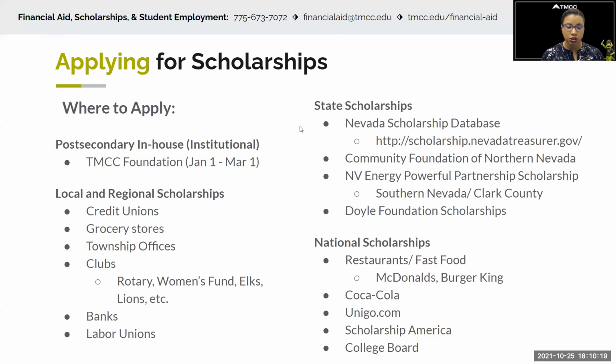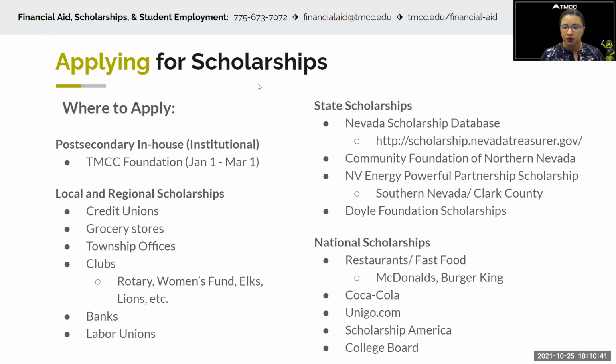Rotary has scholarships, Elks Lodge, Lions Club, banks, labor unions. Some employers will have scholarships that they offer to their employees and their employees' children. So it doesn't hurt to ask if that's available to you.